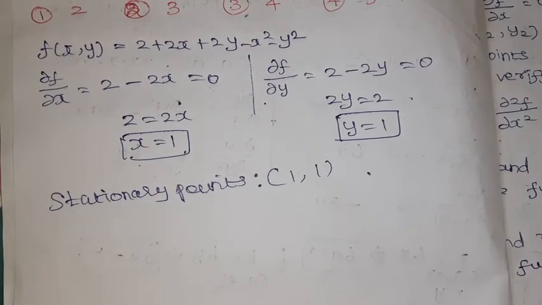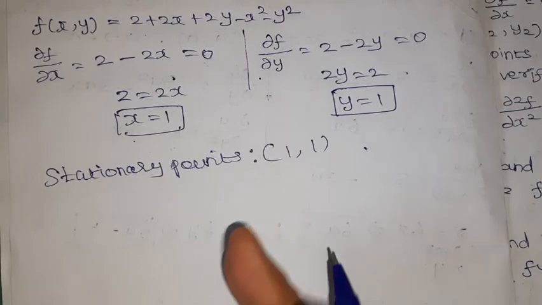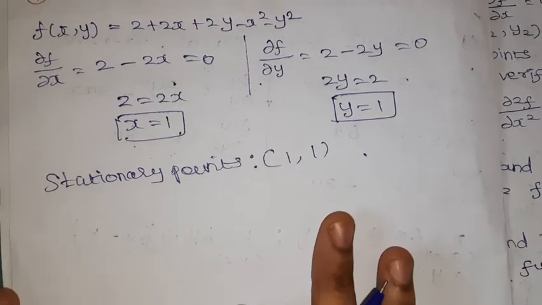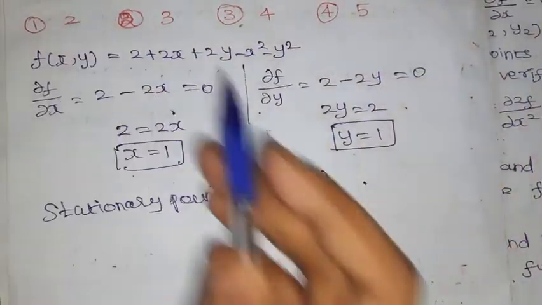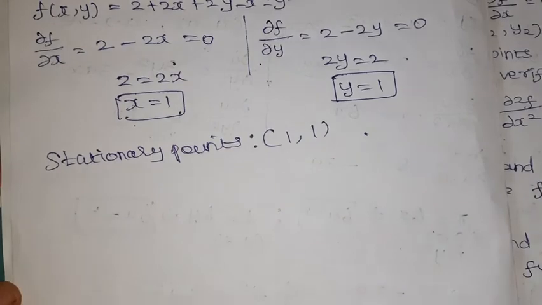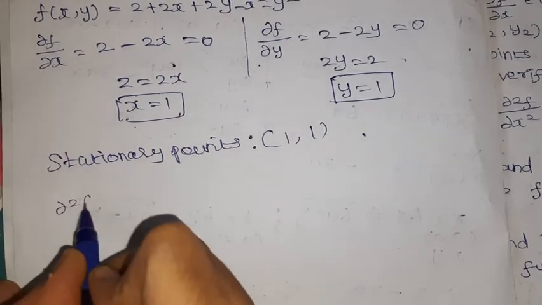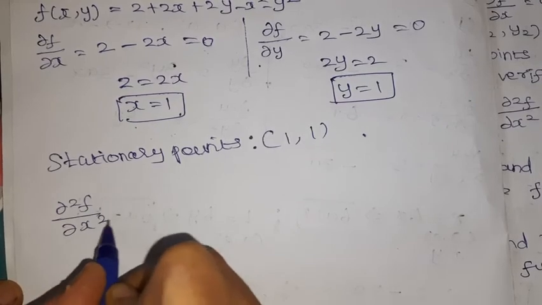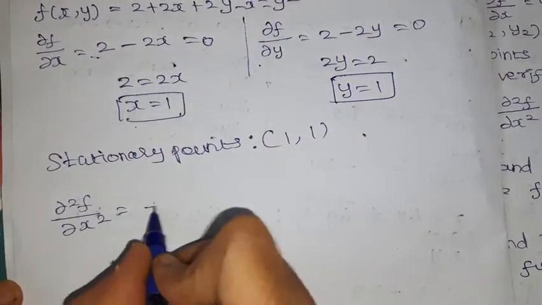Then we need to find out whether at this stationary point the function attains maximum or minimum, okay. It should be maximum, then we need to find out the maximum value. So, dou squared f by dou x squared: differentiate with respect to x again, minus 2 alone.